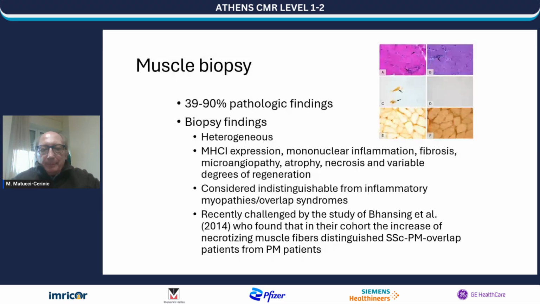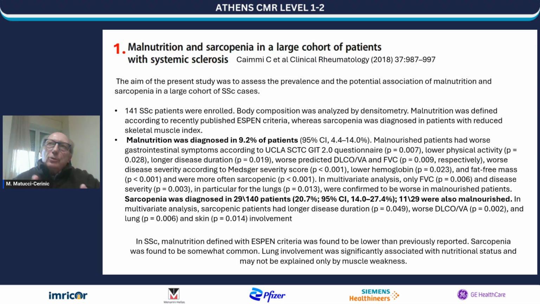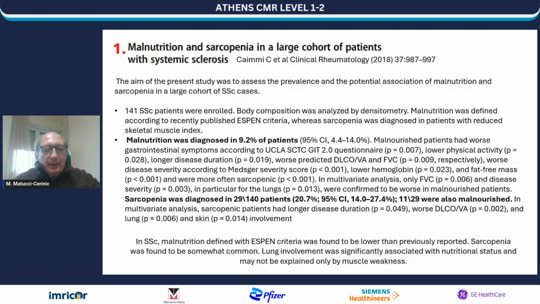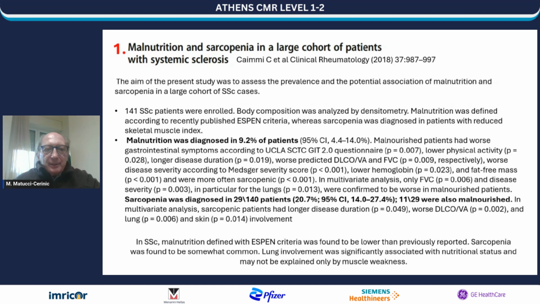We should not forget that the biopsy will also give us the level of the necrosis that we may see, that will help us to differentiate the myositis in scleroderma from other kinds of myositis.